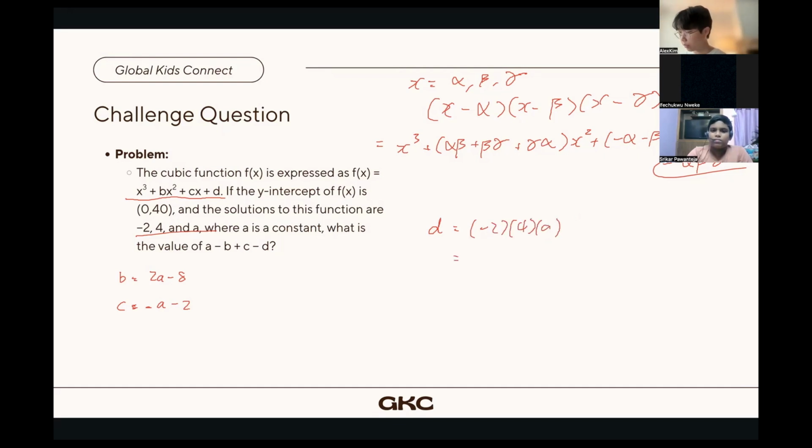so that we get a value of -8a. But the important thing to note is that, like I said, the final constant value of a polynomial is always the y-intercept. And so we also know that the y-intercept value is +40. And so we can say that this is also equal to just 40.